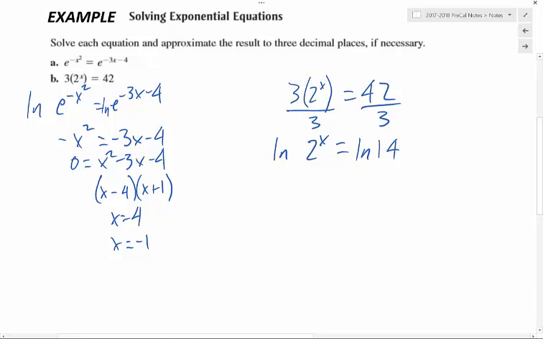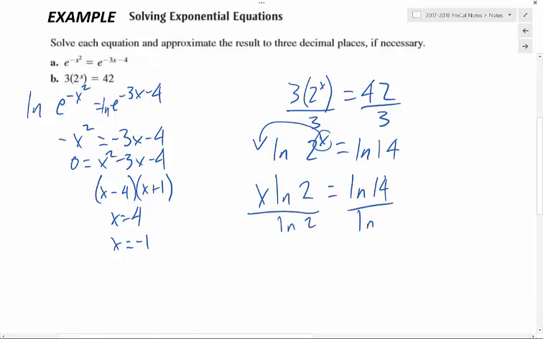By doing that, I can roll the x off and rewrite it as x times the natural log of 2 equals the natural log of 14. Divide both sides by the natural log of 2, and x equals the natural log of 14 divided by the natural log of 2, which, let's punch it into a calculator.